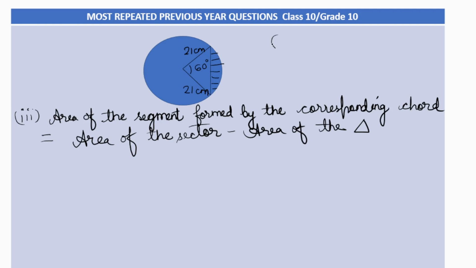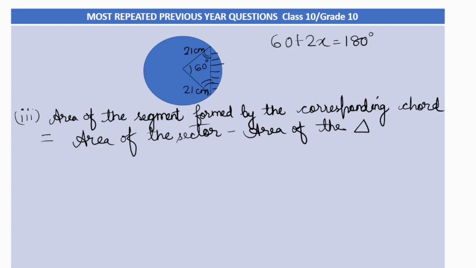How? Because if these two sides are same, these two angles are of equal measure. Now let each of these two angles be equal to x. So if we add this up, it will become 2x. So 60 degree plus 2x is equal to 180 degree.